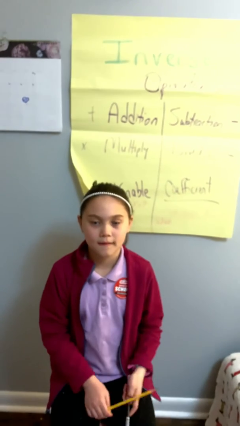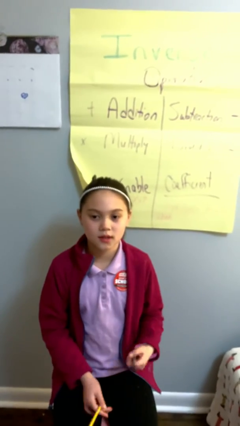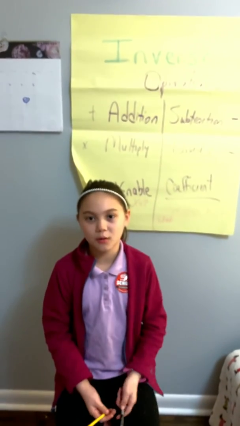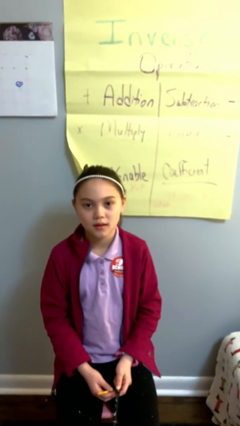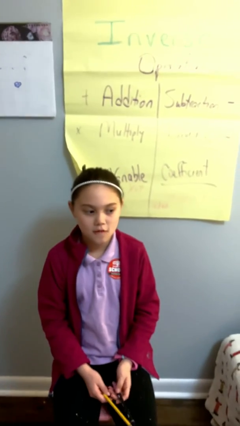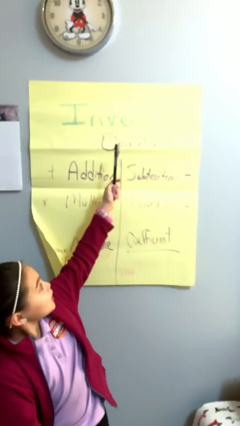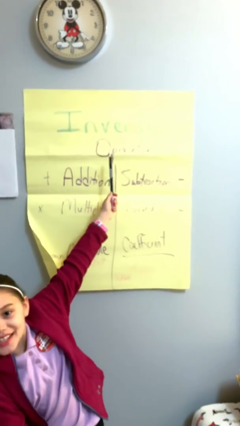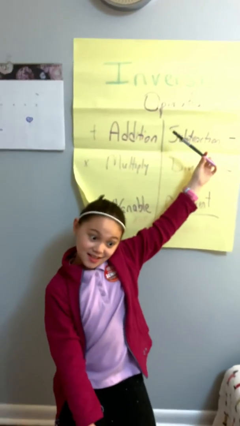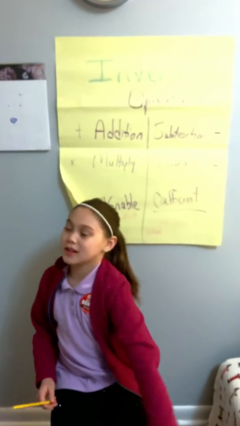And when you're solving in algebra, what are we solving for again? The unknown, which is represented by what letter? X. And how do we get the variable by itself? We use what kind of operations? Inverse operations. Show me again, what is inverse? Inverse means the opposite.